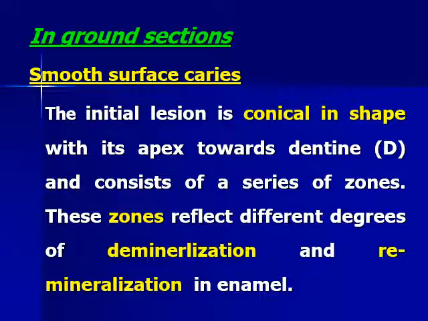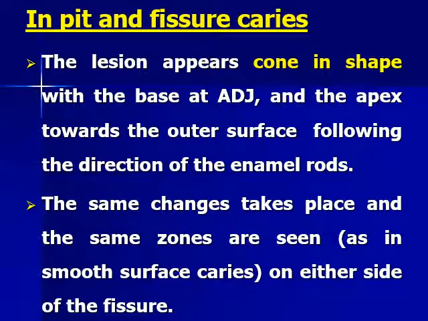And in this conical shape structure that we see, you have different lines or different zones. These zones are the result of demineralization followed by remineralization that takes place all the time. Pit and fissure caries, again, when we examine it under the microscope in a ground section, we see the same triangular or cone shape, but in a different manner.